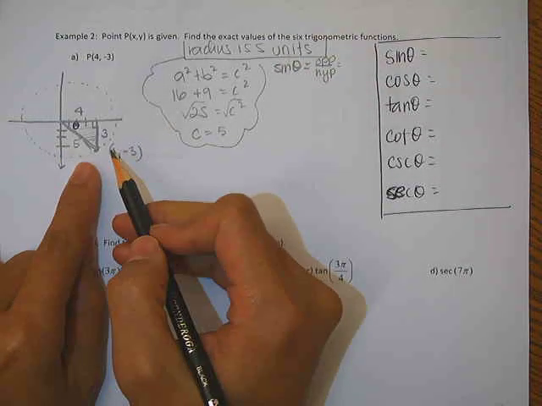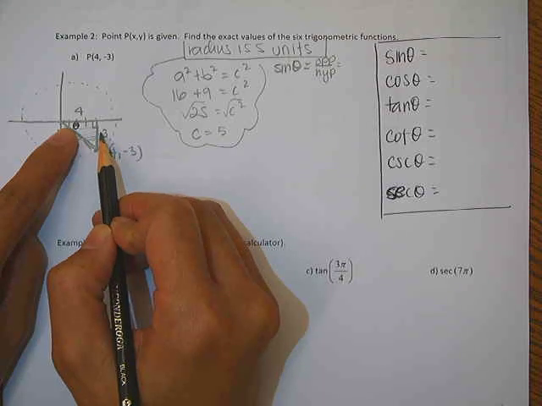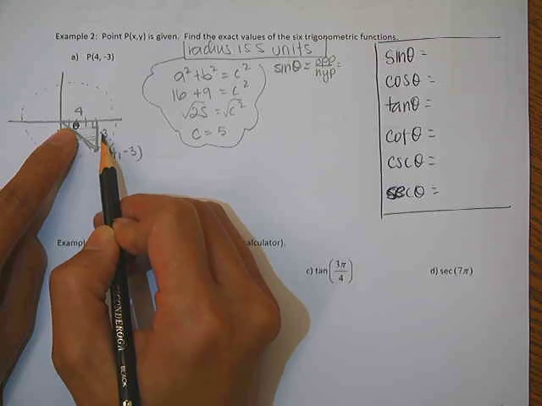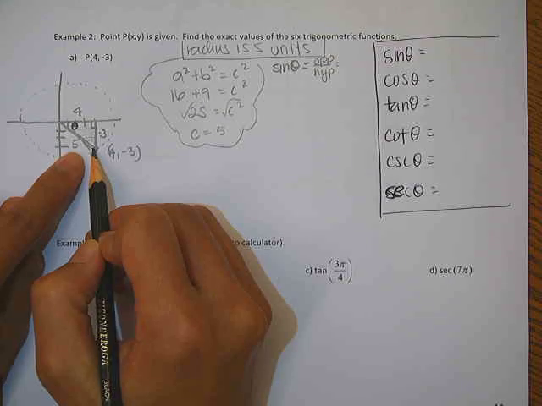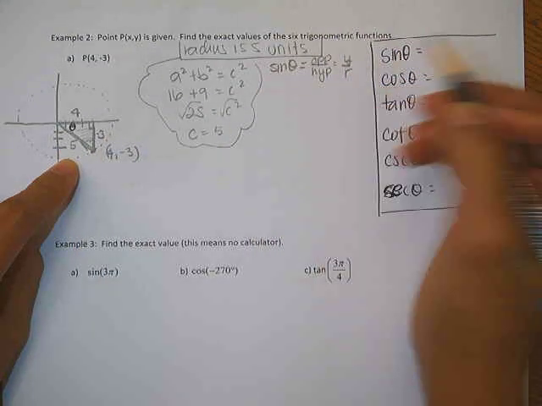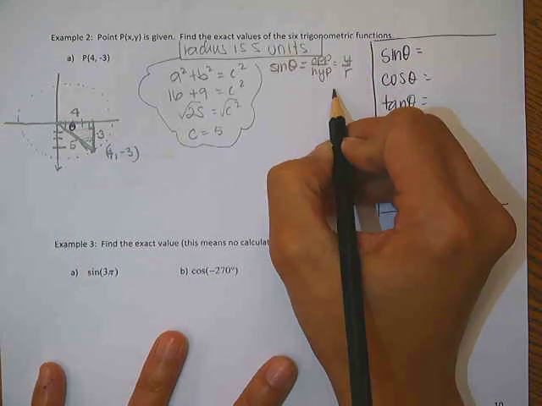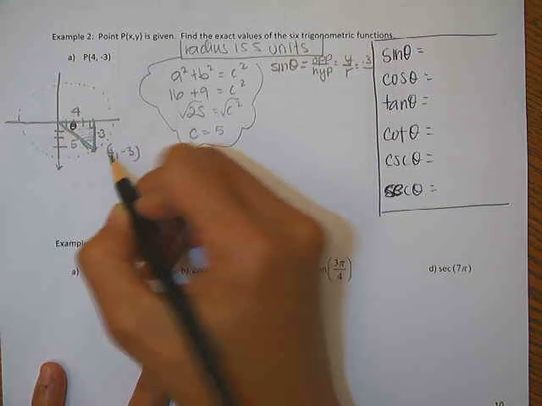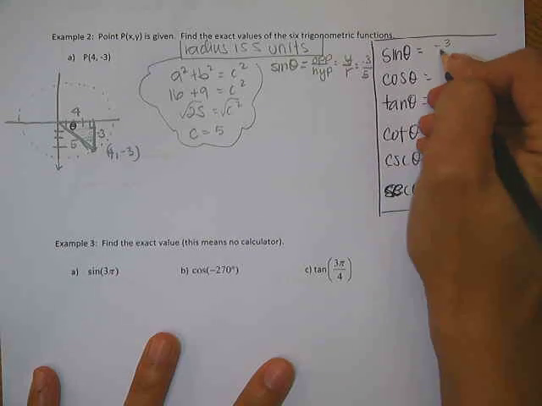Opposite is going to be -3, because this is a distance of 3, but the coordinate is still going to be negative. So opposite is -3 over your hypotenuse, which is 5. Or you can say y over r, which was another ratio that we had. So y is -3, radius is 5. So my answer is -3 over 5.